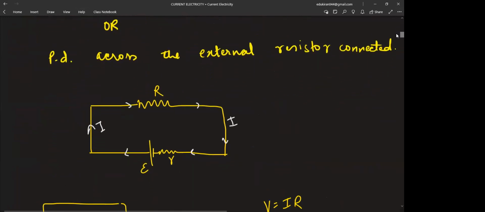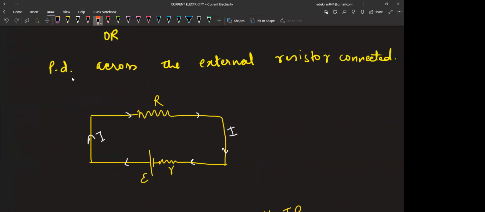Now, class, one thing, look at this figure. This is very important for us to know about the terminal potential difference and EMF. Instead of remembering open circuit, closed circuit, why not remember something which is used most of the time? For example, this capital R represents the external resistor.